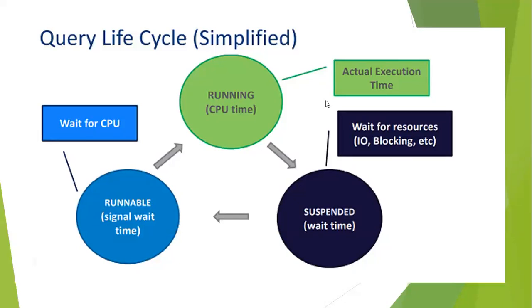If it is a running query, the time, whatever 1 hour or 30 minutes, is completely spent on the CPU. If the thread is a waiting query, then it is waiting for some resources. Either it could be in the runnable queue, waiting for the CPU to be available, or in the waiter list, waiting for some resource to be available, right? That is what we'll have to identify. I'll show you how to check that.